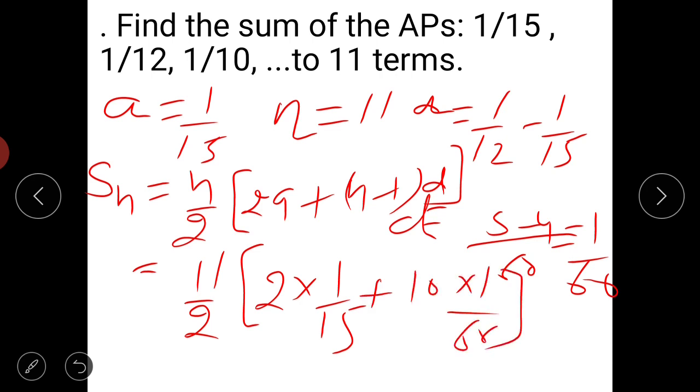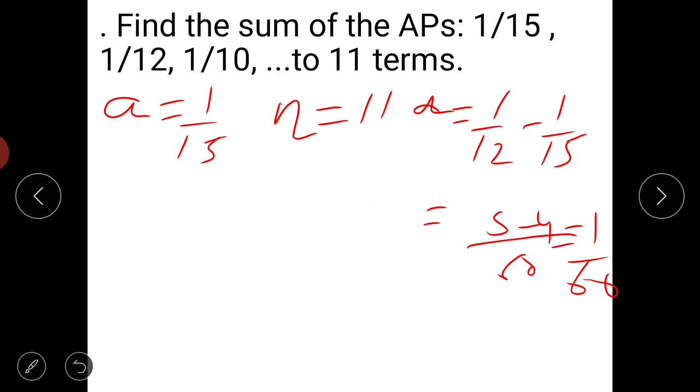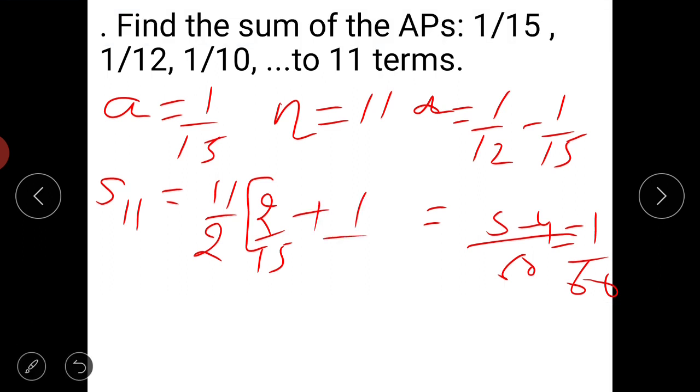Yes or no? So S11 is 11 by 2 into 2 into 1 by 15 plus 1 by 6.